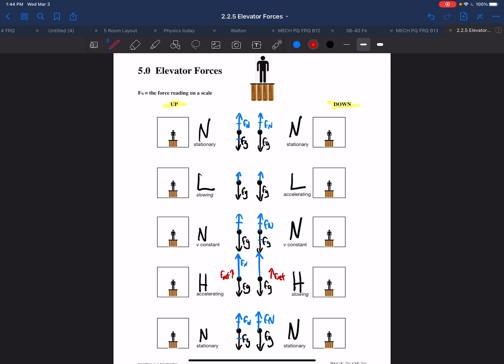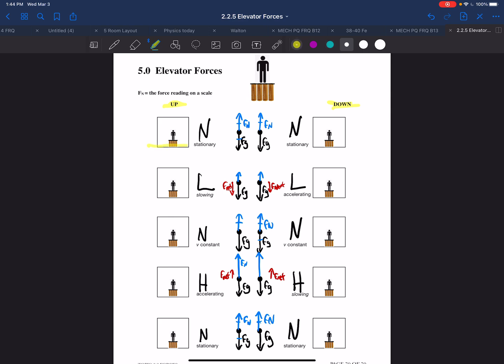So we see a net force upward. And if we go to the accelerating part, there is a net force downward. So this is not intuitive at all that this is the case.